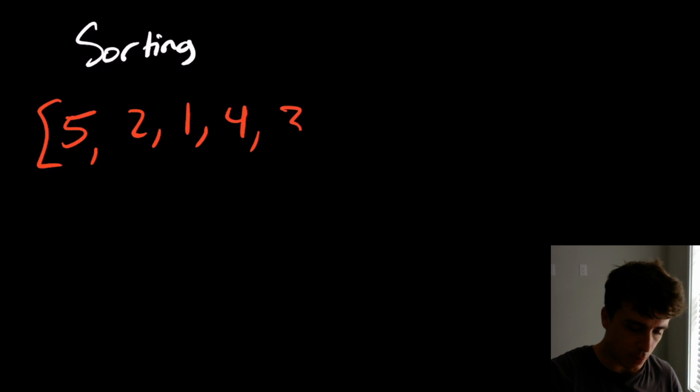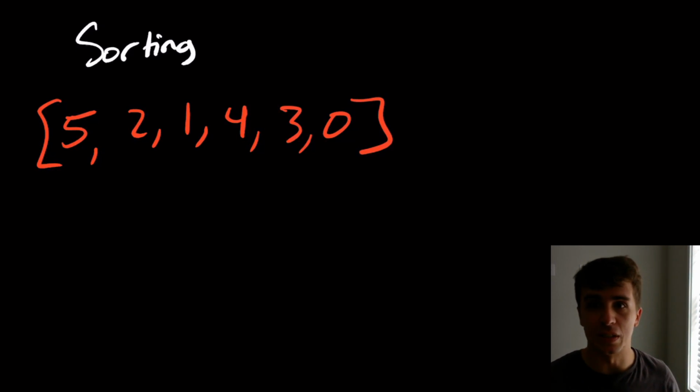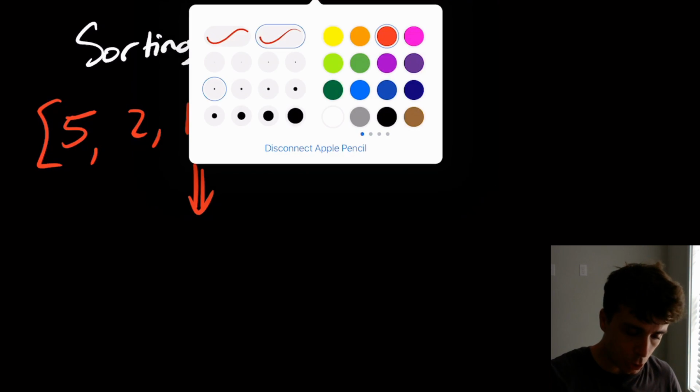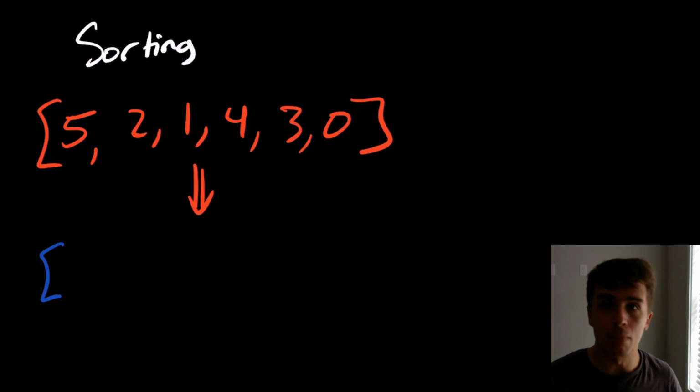So, what is sorting? The basic idea is we've got a bunch of data, and we want to sort it. So if I have, let's just say, a bunch of numbers like this, just as an example, we want to be able to transform this list into a list that is in some sorted order.